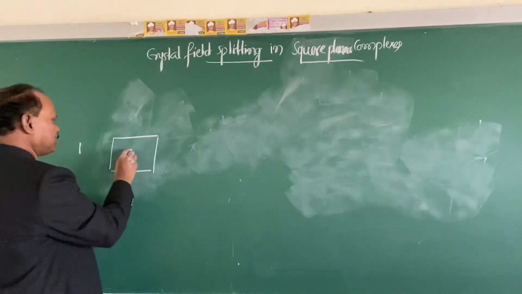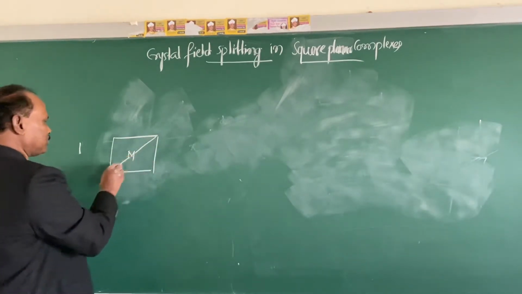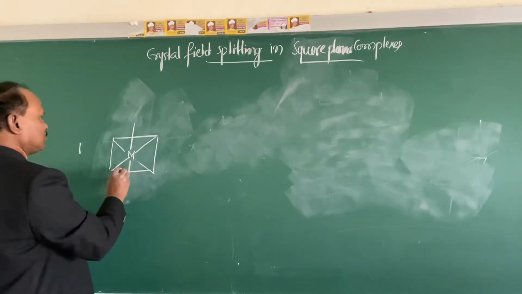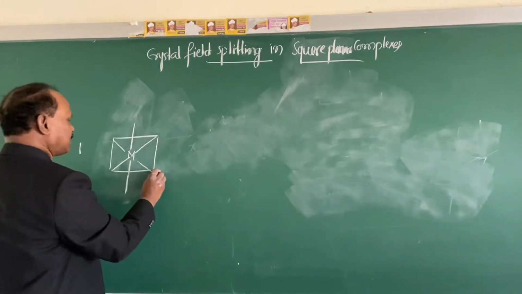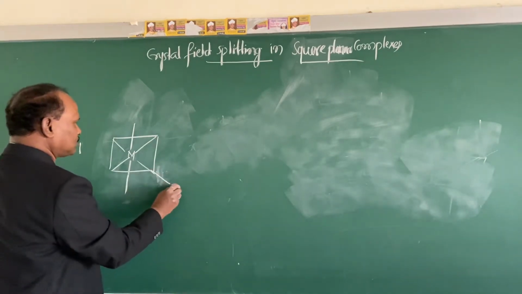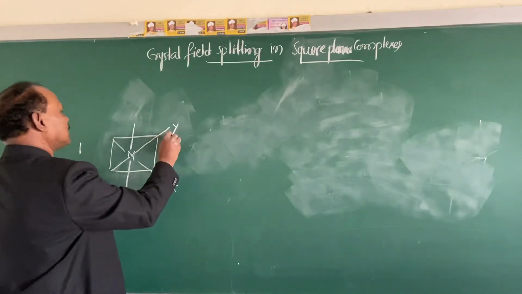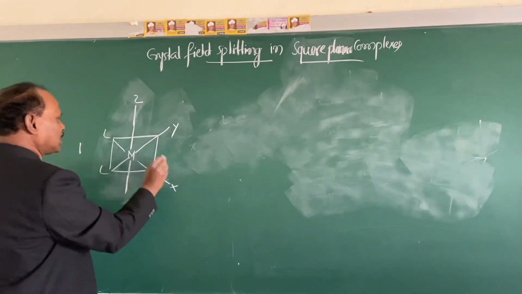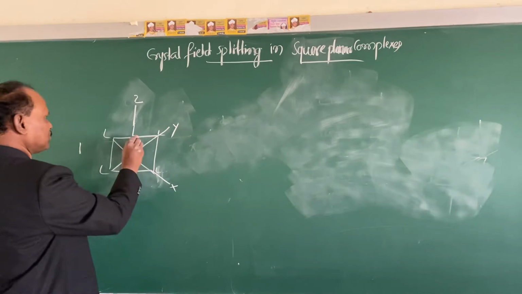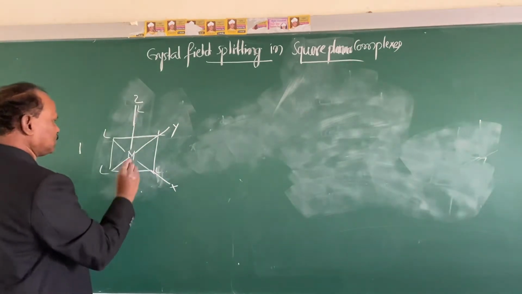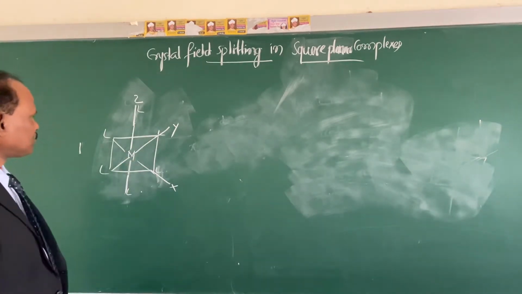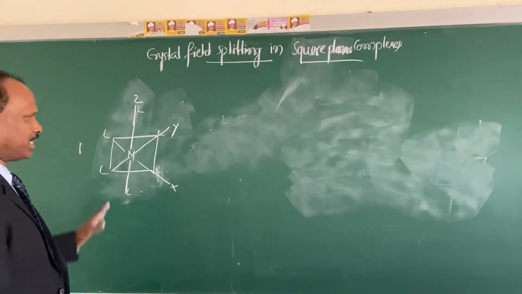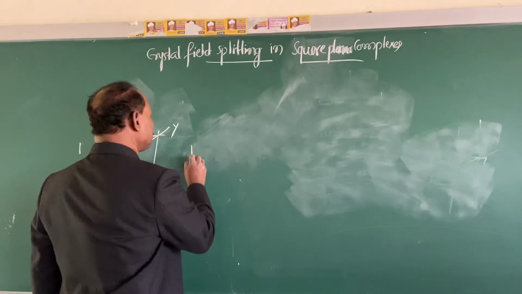Observe this carefully. I will treat this as x-axis, this as y-axis, and this as z-axis. And at each corner there are ligands. Now observe. For the octahedral complex, we have written this splitting like this.